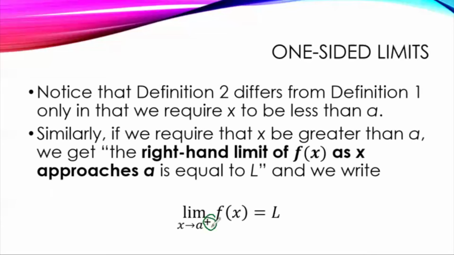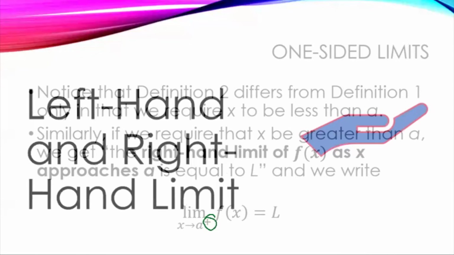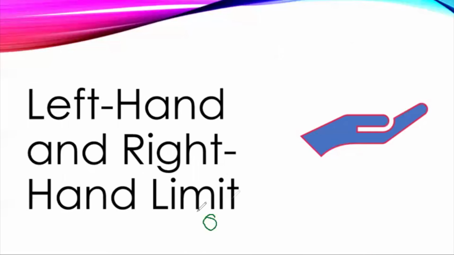This means that we consider the values of x from the right of a, then the limit is equal to L. So this is the right-hand side limit. One example of that is the square root of x minus 2, because we consider the values of x from the right of 2. So, left-hand and right-hand limit.